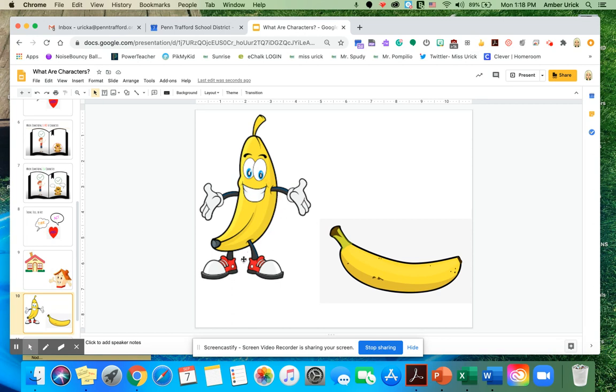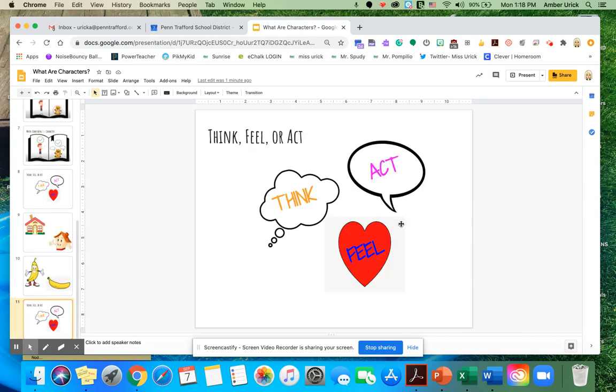This guy even has legs and some fun shoes on, right? A big cheesy grin. He definitely has some feelings going on there. Looks like he's thinking of something, and he definitely looks like he has some acting skills, that he's quite the character. The guy on the right doesn't look like he has any type of acting skills or any type of character going on there. You did a great job.